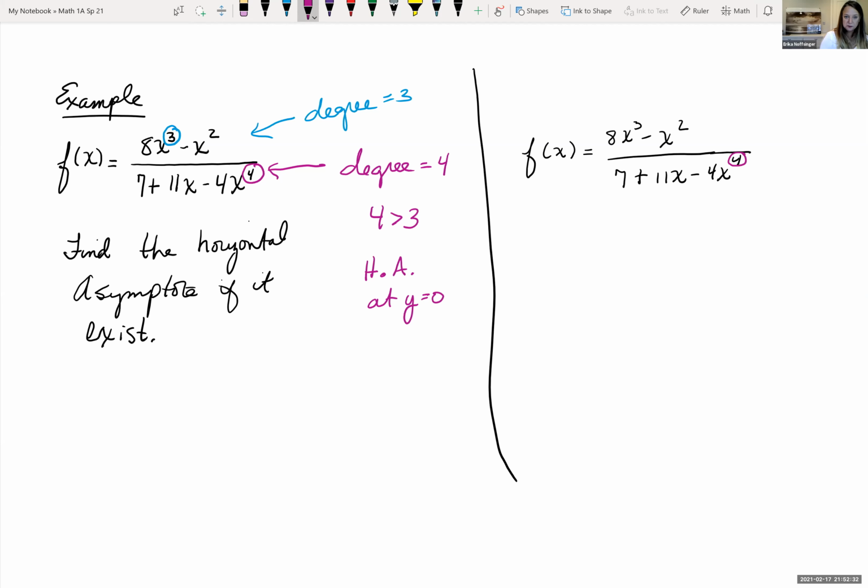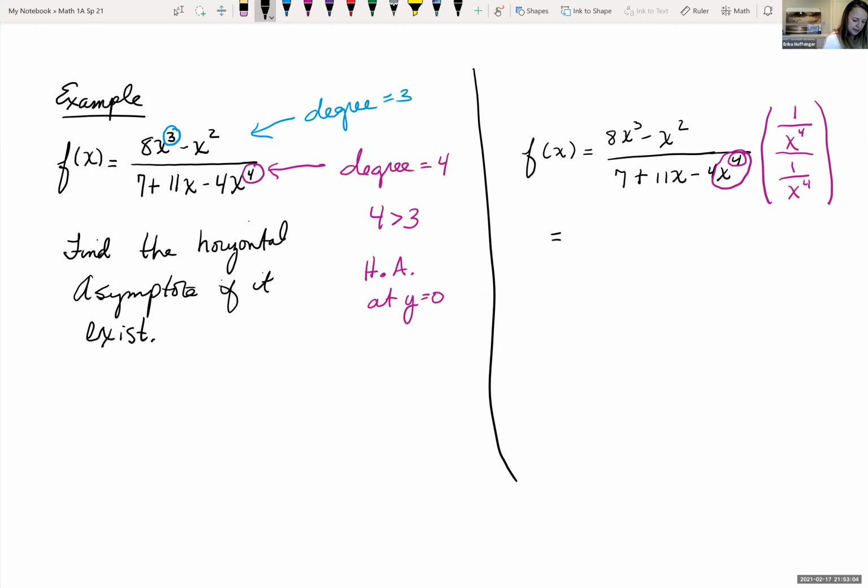So I want to multiply by a fancy 1. And that fancy 1 I'm going to choose is 1 over the variable raised to the highest power in the denominator. So x to the 4th in this case. So 1 over x to the 4th. Or another way to think of it is basically you're dividing each term in the numerator and each term in the denominator by that variable raised to the highest power that's down here in the denominator.